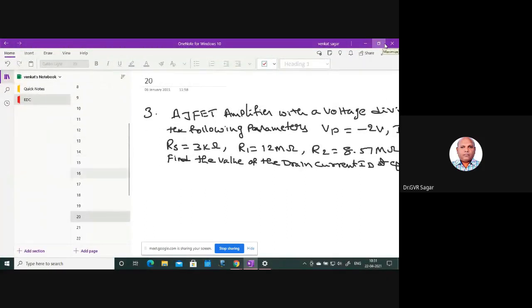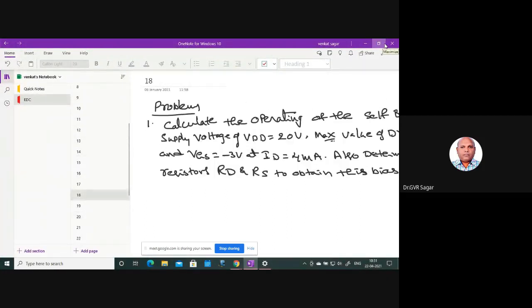So take 10 minutes time and start doing, starting from the first problem. Keep the calculators with you and try to solve these problems. I'll give 10 minutes, and you complete within 10 minutes. I will stop the screen sharing.